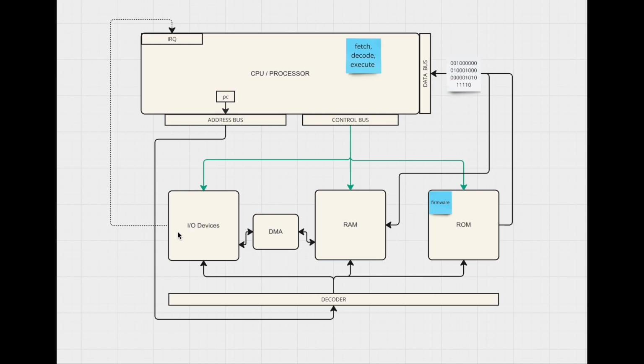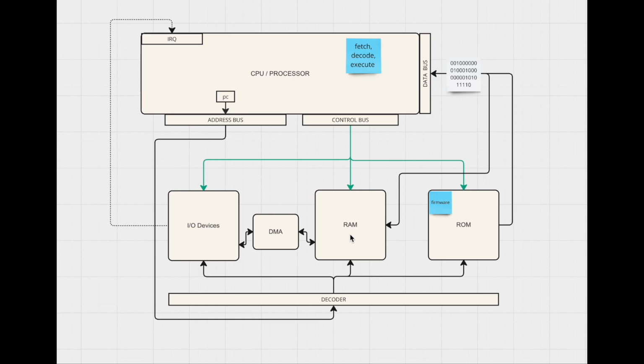sets the address that gets routed to the I/O device that it wants to communicate to, and then sets specific signals on the control bus to the I/O device to do the specific instructions, like, for example, to read a block of data from RAM or to write a block of data to RAM.